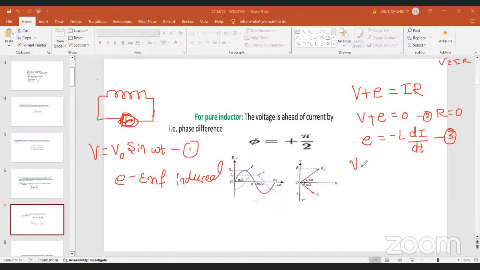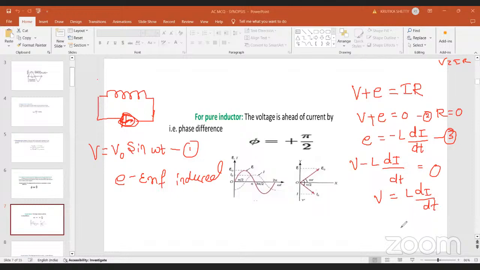V minus L di by dt is equal to 0. If I simplify, V is equal to L into di by dt.